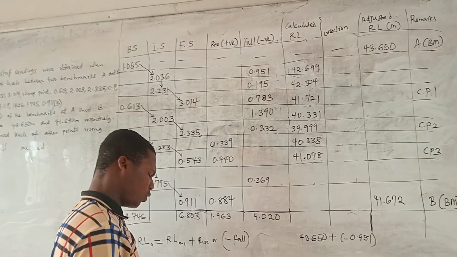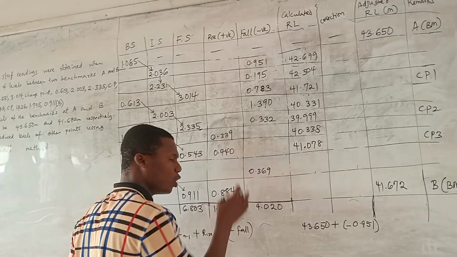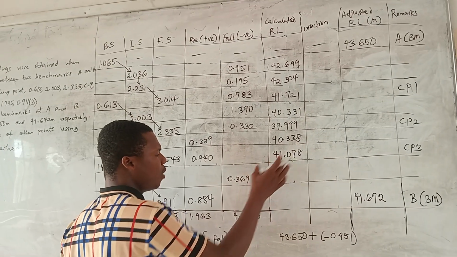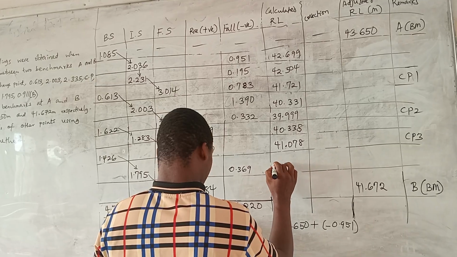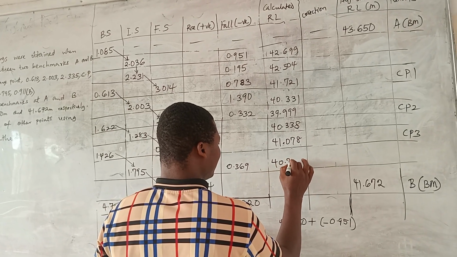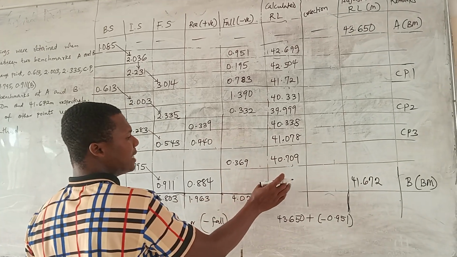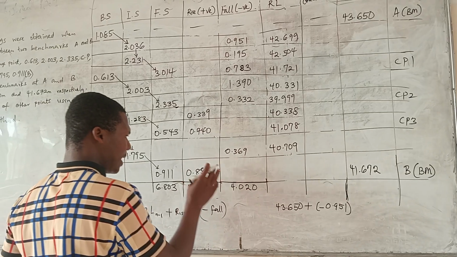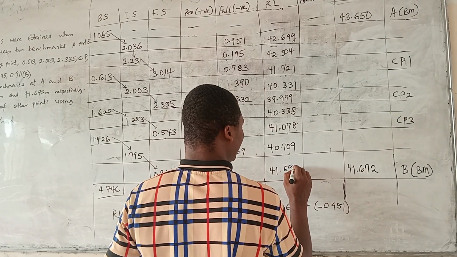Now, what about the next one? You will see that this is a fall, so you subtract it. So this reduced level minus the fall will give you the next reduced level, which is 40.709. And lastly, to get the reduced level of this point, just add this and this together. Then you have 41.593.